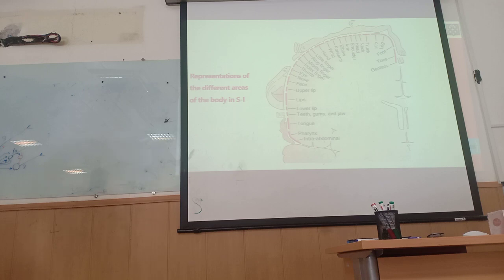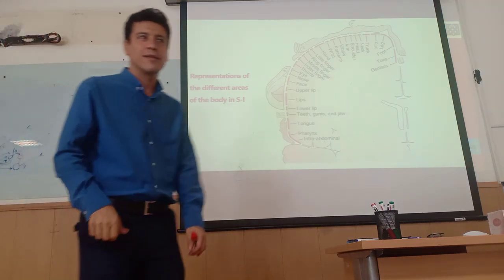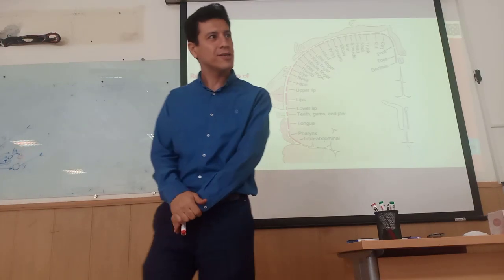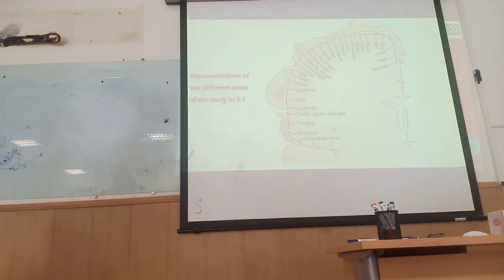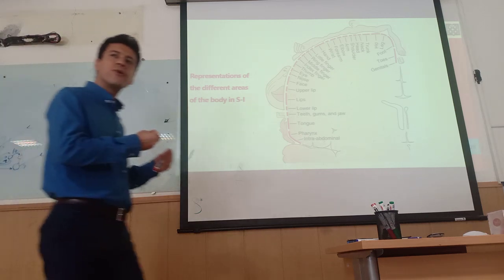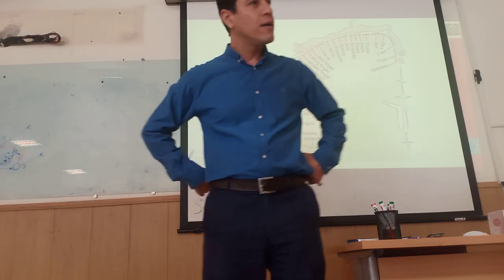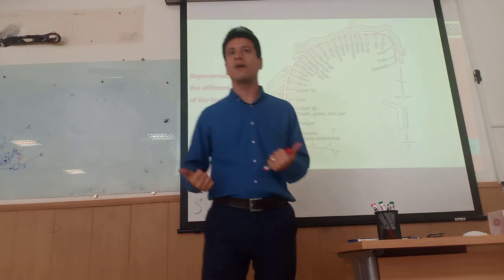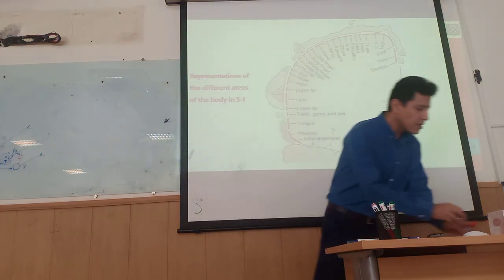So that's why we touch everything with our hand, not with our back. Because there are more receptors in the hand, and the cortical area for the hand is very large, that means we have billions of neurons devoted to touch from the hand. But only a few neurons are devoted to touch from the back, for example, or the trunk.